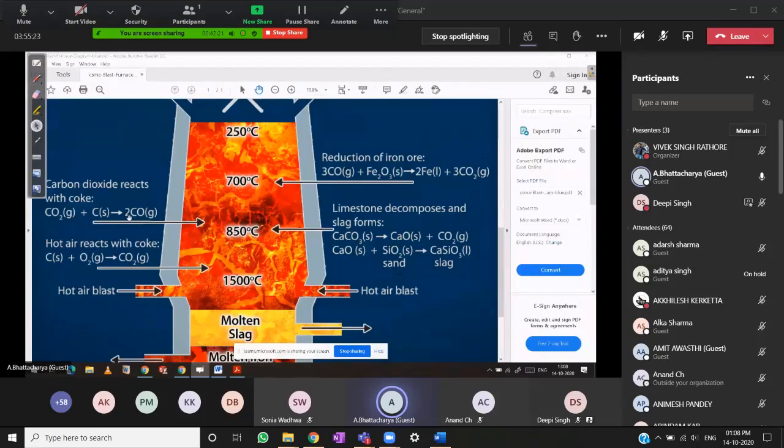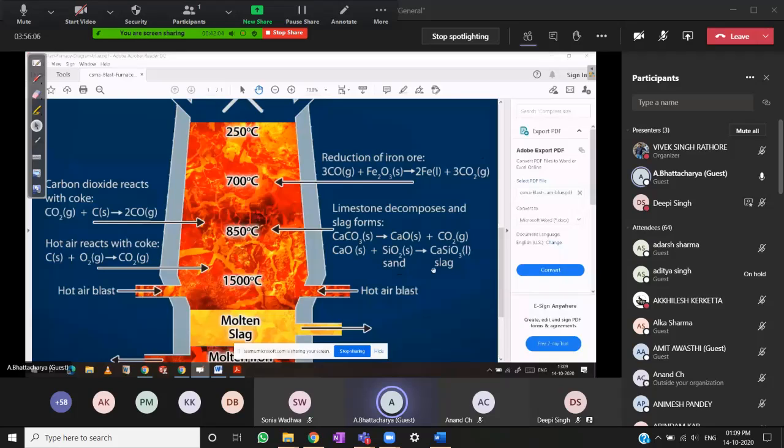It is generated at the bottom of the blast furnace, travels upwards and then reacts with the iron ore, which is there at around 700 degrees centigrade. So there is reduction of iron ore, liberating the iron and CO2, and there are some impurities. So the limestone decomposes and slag is formed. Means limestone reacts with other impurities, silica etc., and they form the slag.